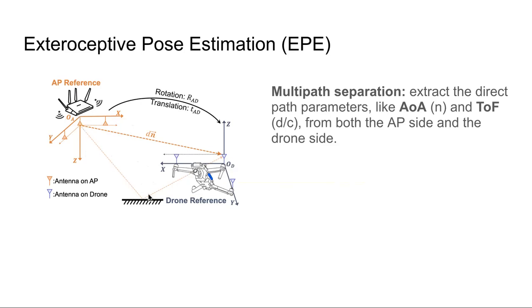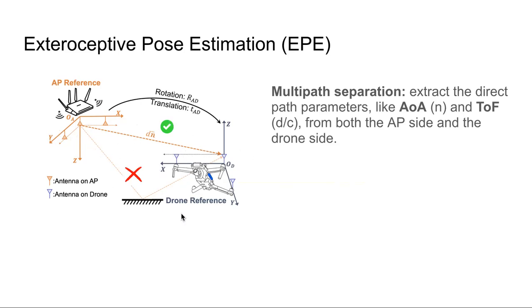This is named the multipath. There are other links as well from the environment. However, what we want here is mainly the direct link, because from this one we can infer the time of arrival, the direction and the distance. That's the key thing, and we don't want the others, so we separate them.